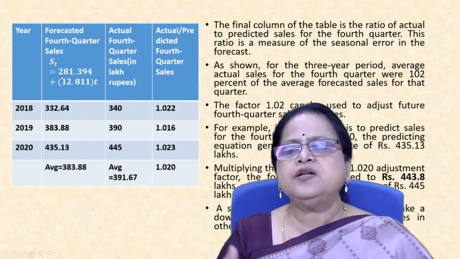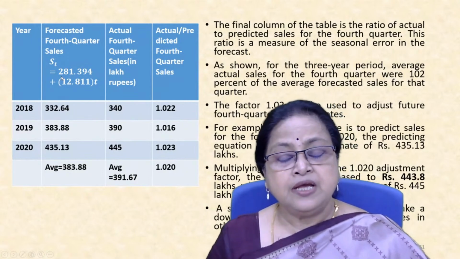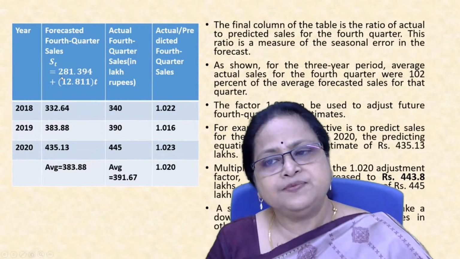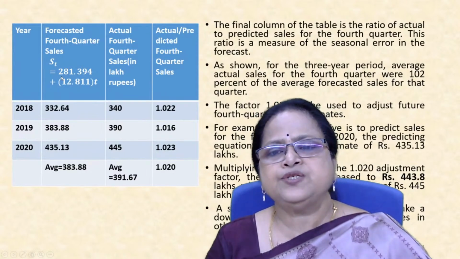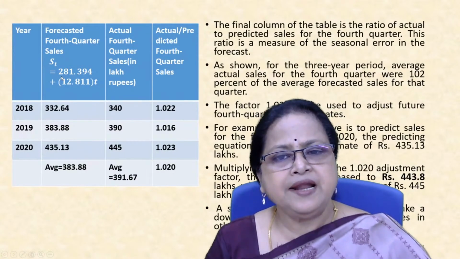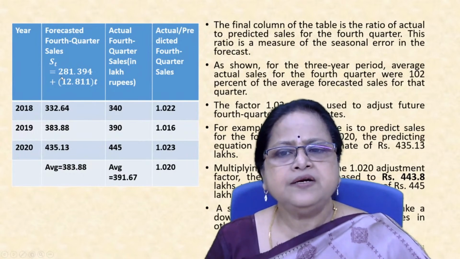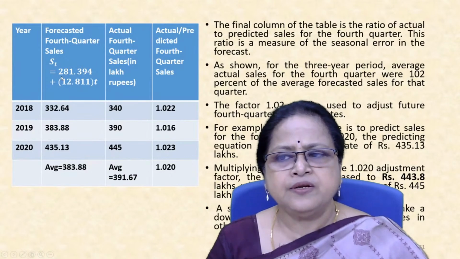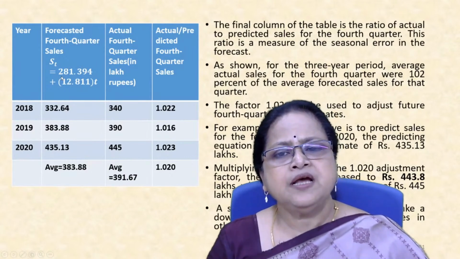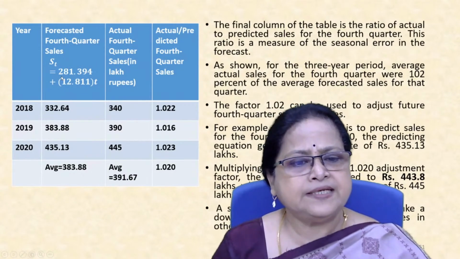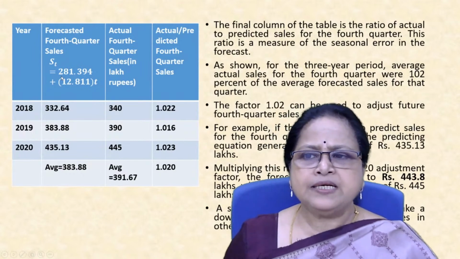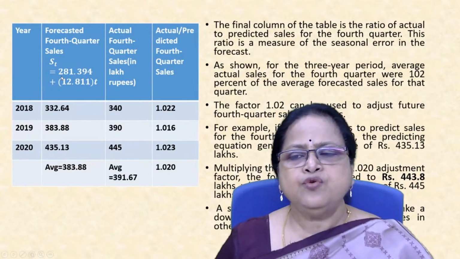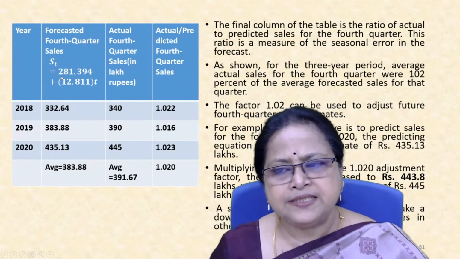So the final column of the table is the ratio of actual to predicted sales for the fourth quarter. This ratio is a measure of the seasonal error in the forecast. Over the 3-year period, average actual sales for the fourth quarter were 102% of the average forecasted sales for that quarter. The factor 1.02 can be used to adjust future fourth quarter sales estimates.